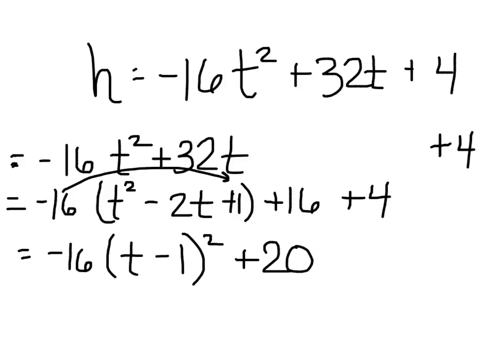It wants to know when it hits the x-axis again. If I were to hit a badminton birdie right now, it would go over there and hit the ground. That's what I want to know. Where are the zeros? So what I need to do is take my problem and set it equal to 0.